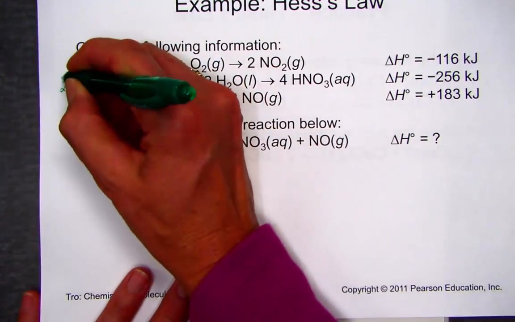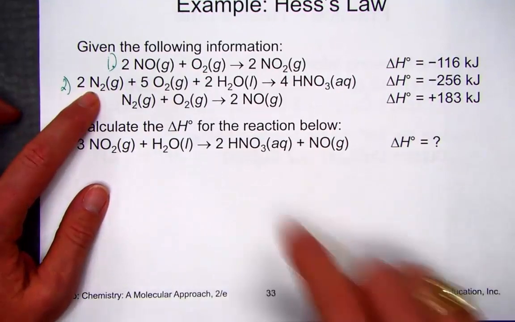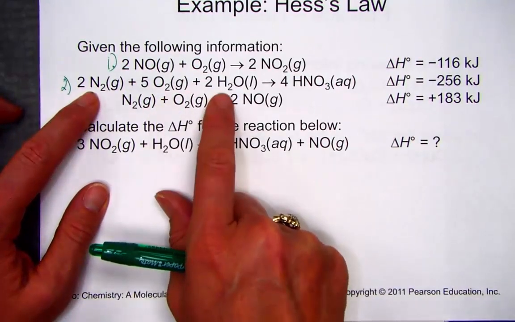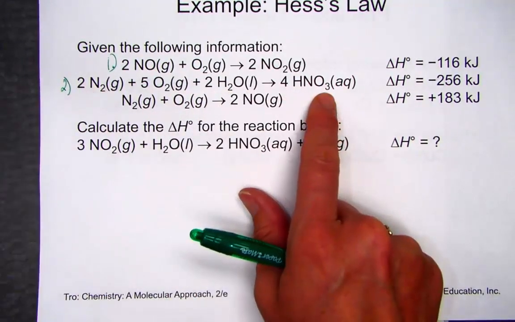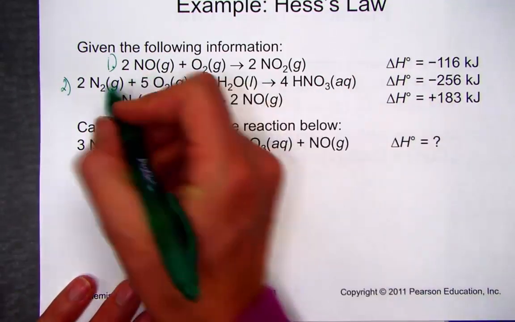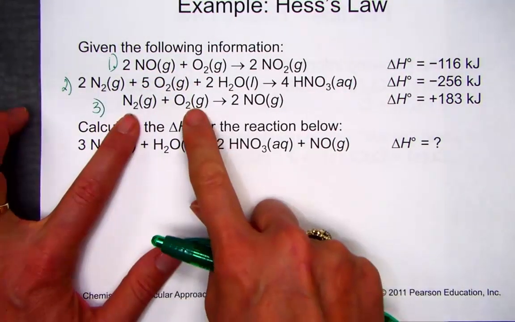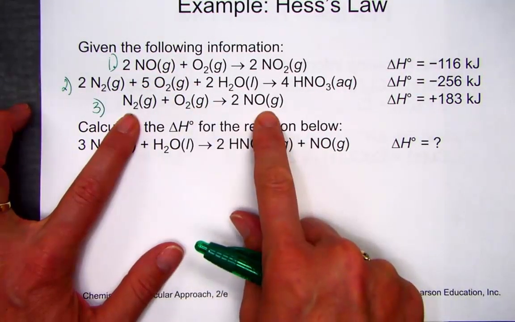Elementary reaction number 2 says 2 molecules of nitrogen react with 5 of oxygen and 2 of water to form 4 HNO3s, an exothermic value. And there's a third elementary reaction. Nitrogen and oxygen form 2 NOs.